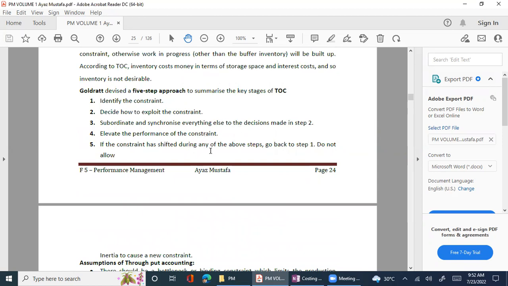And if the constraint has shifted, sometimes we eliminate that constraint, and once it is in ample supply, another constraint would appear. So the constraint has shifted, and we will again follow these five points.